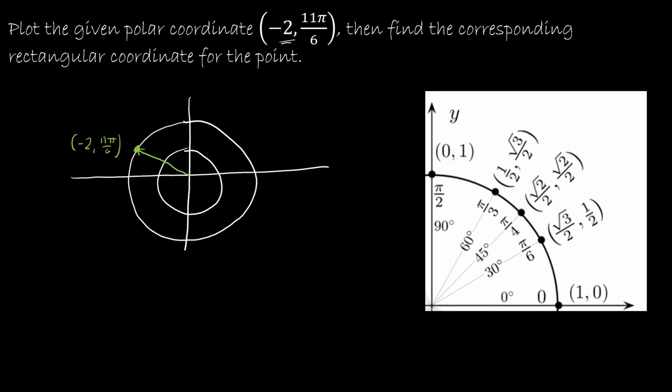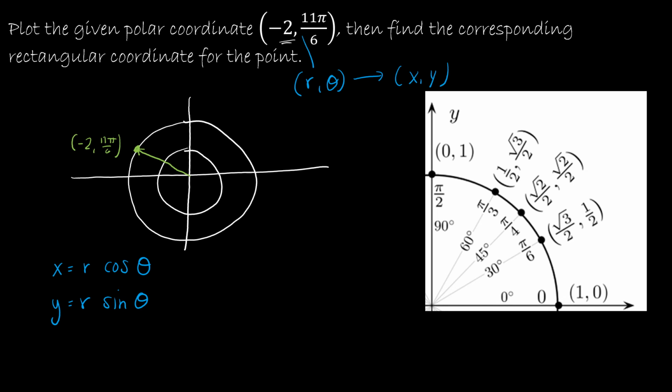Now what I have to do is write the rectangular coordinate. So this is obviously given to me in r theta, and I need to turn that into x, y. Now we just talked about how to do that. We said, okay, we can write x is equal to r cosine theta, and y is equal to r sine of theta.